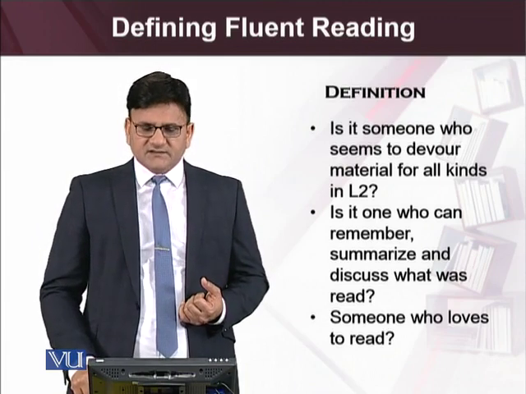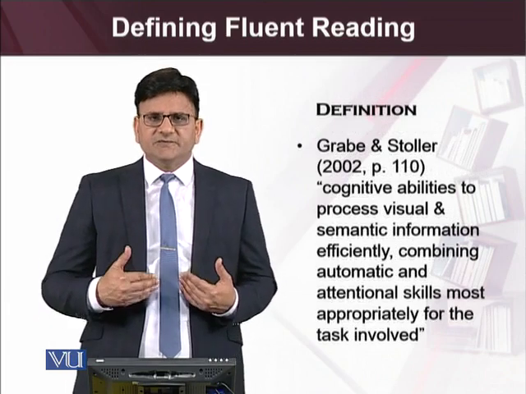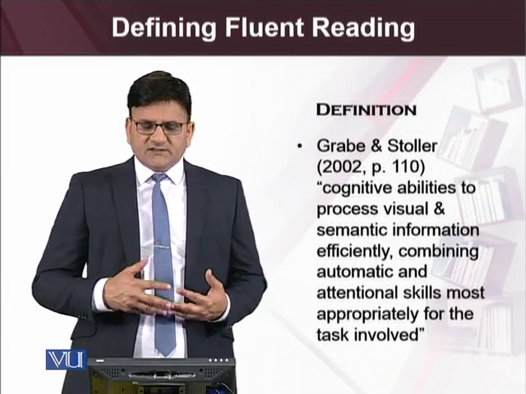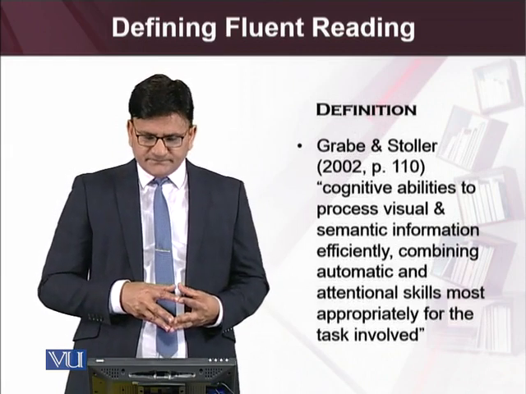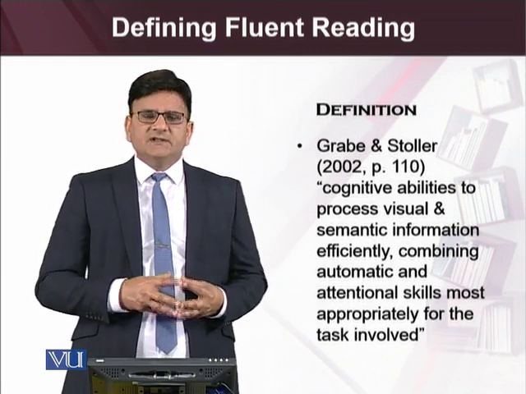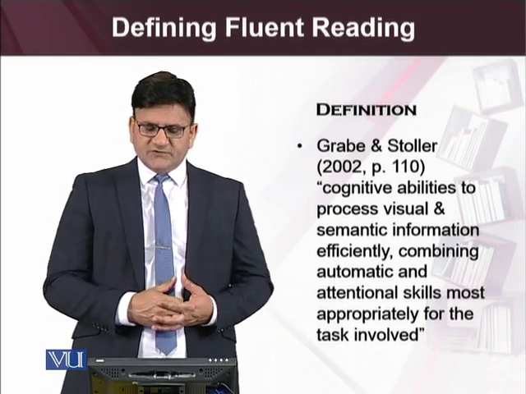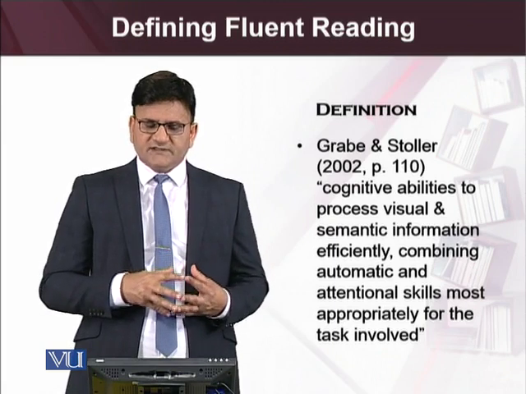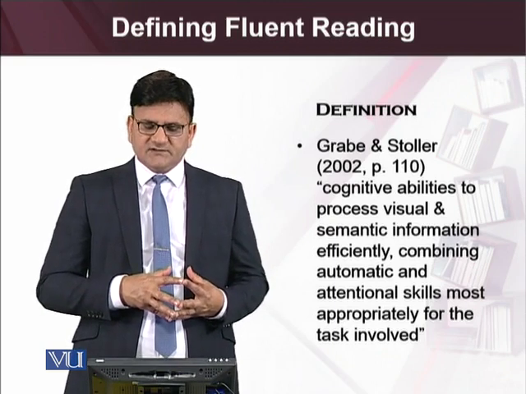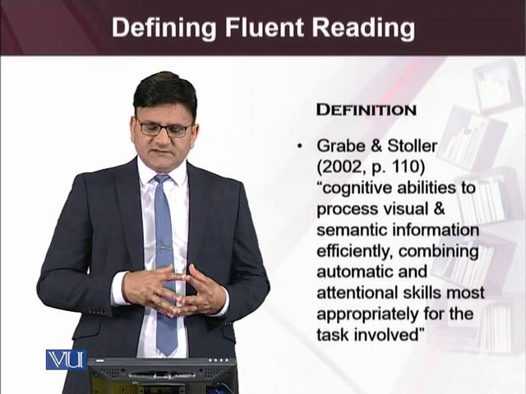So in terms of defining fluent reading, I've got one key definition, and it's worth reading here, by Grabe and Stoller. Fluent reading involves cognitive abilities to process visual and semantic information efficiently.